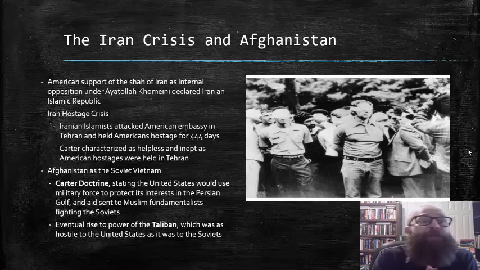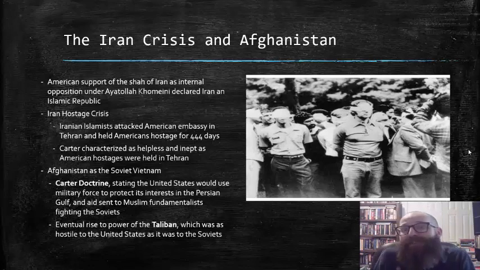And this became problematic as internal opposition to the Shah's regime, under the religious leader the Ayatollah Khomeini, declared Iran an Islamic republic and deposed the American-backed Shah of Iran.